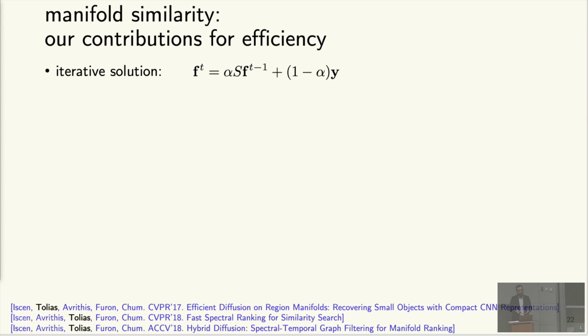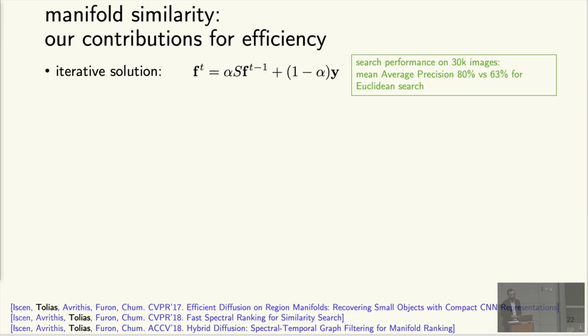Now, in terms of a visual search task, if we use this similarity to perform the ranking and retrieve the relevant images, in practice, just to briefly mention, we obtain a large performance boost compared to simple Euclidean search. On the other hand, it is much more costly to estimate such a similarity compared to simply estimating Euclidean distances.